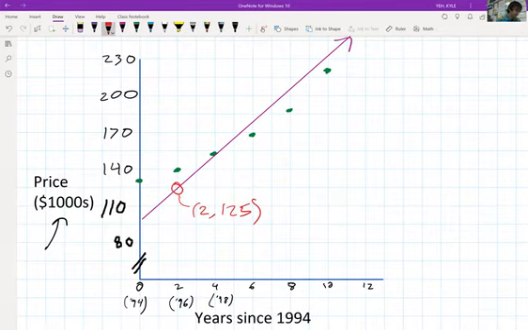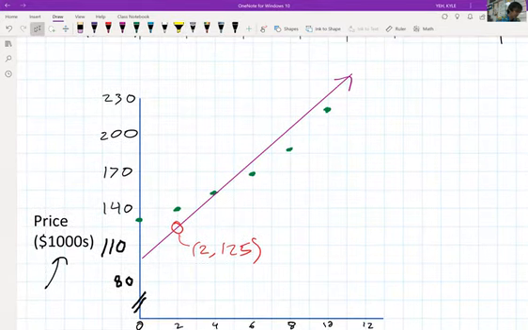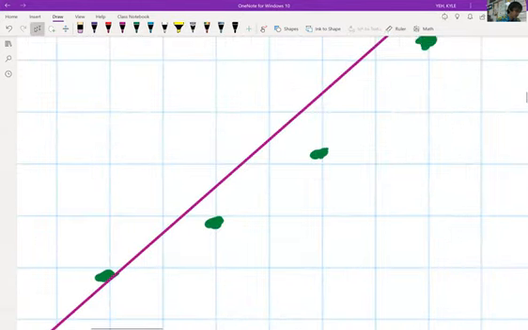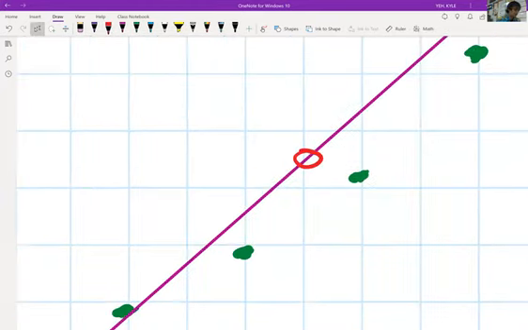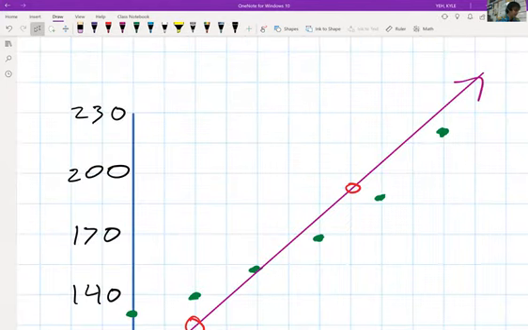So 2, 125. And I don't see another one that hits perfectly, so I think maybe I'll look at this one, which hits just about in the middle there, between those lines on the y-axis. So I'm going to call that 192, because this would be 185. So right in between 185 and 200, just about 192.